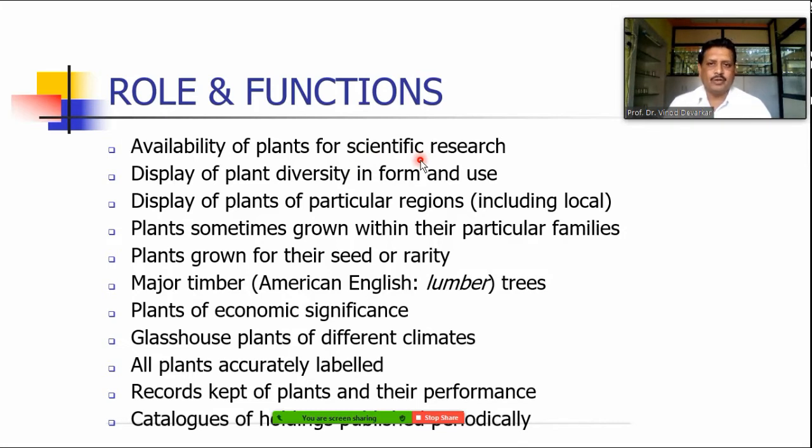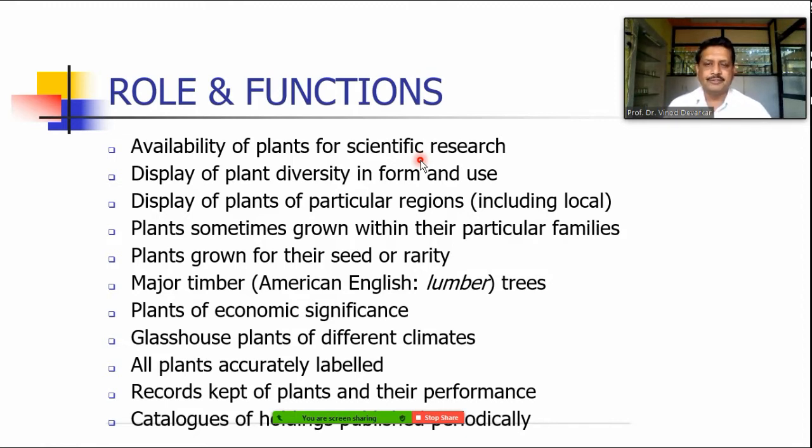But in such herbarium specimens there is discoloration; the actual coloration of leaves and flowers is not observable. Because of that, living plants are made available for study and scientific research, planted in such botanical gardens.